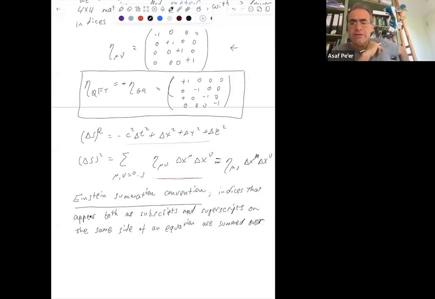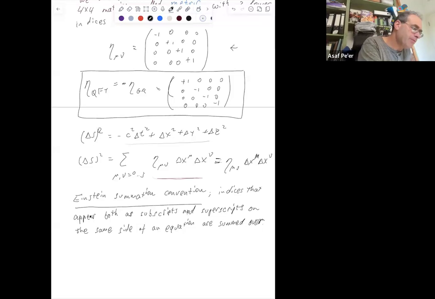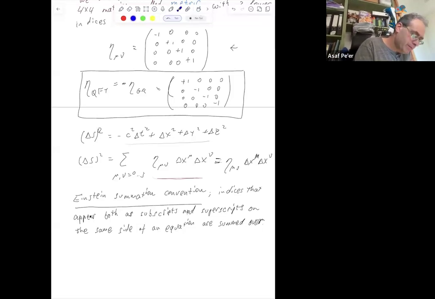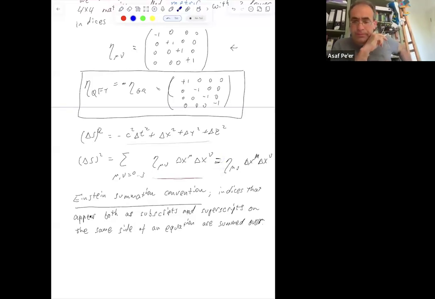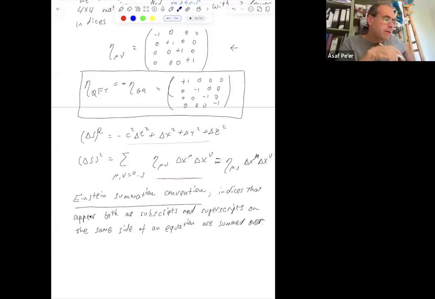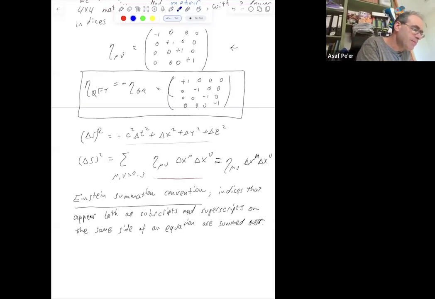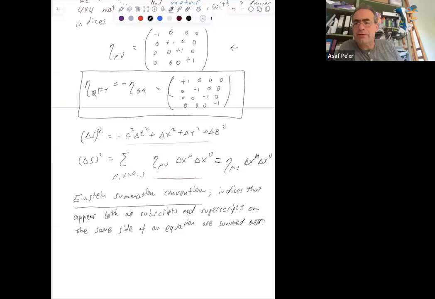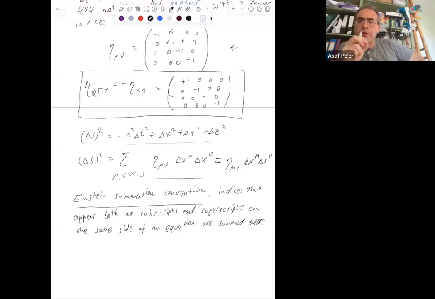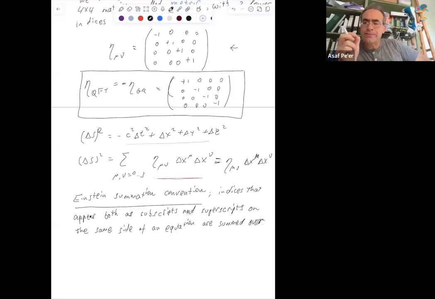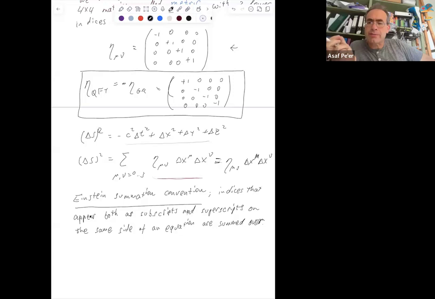Okay, if that confuses you, you simply add the summation here over mu and nu. These indices, by the way, are called dummy indices, for reasons which will become clear shortly. The same Greek letter cannot appear more than twice on the same side of an equation. Once as an upper and once as a lower.